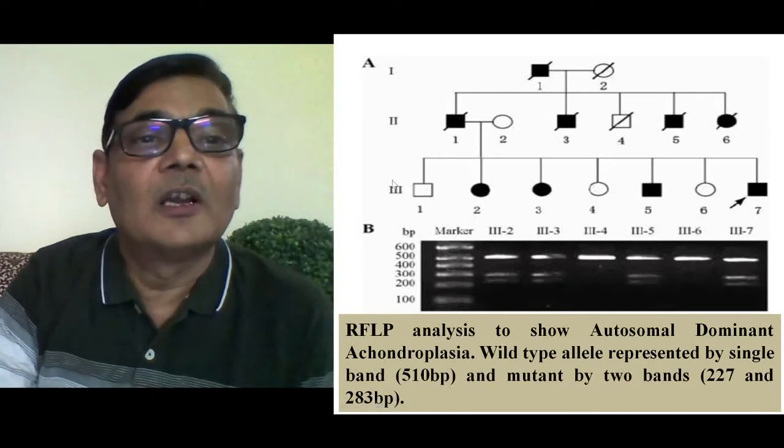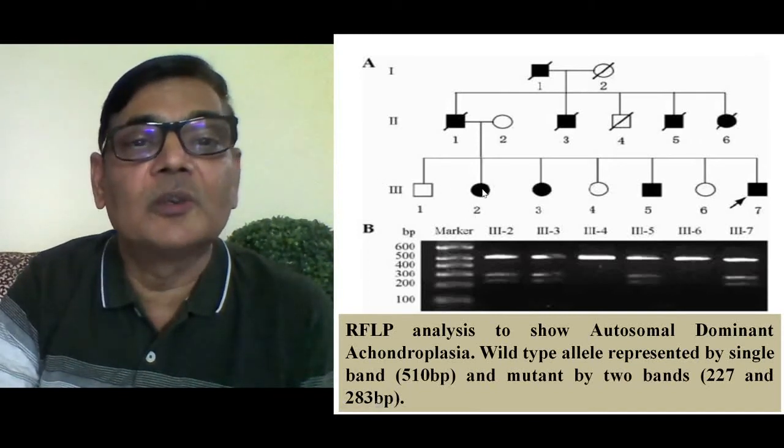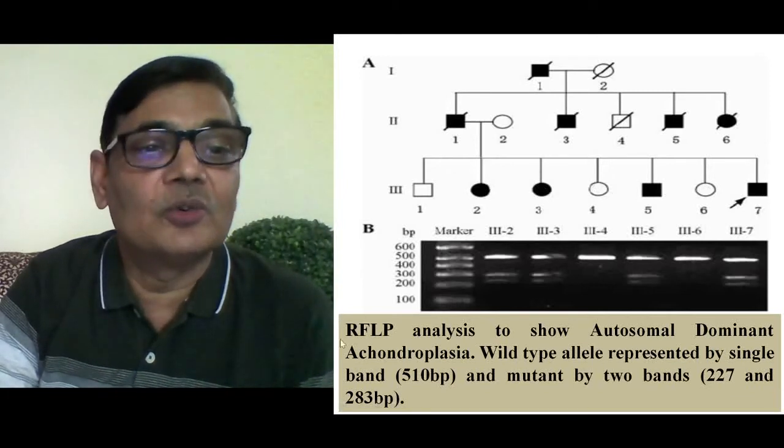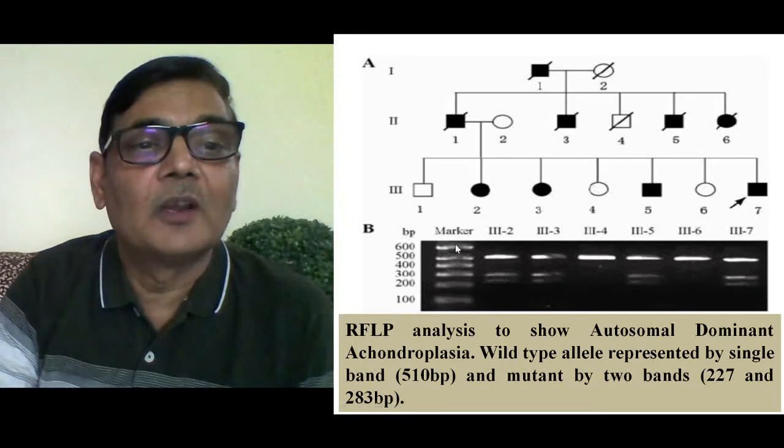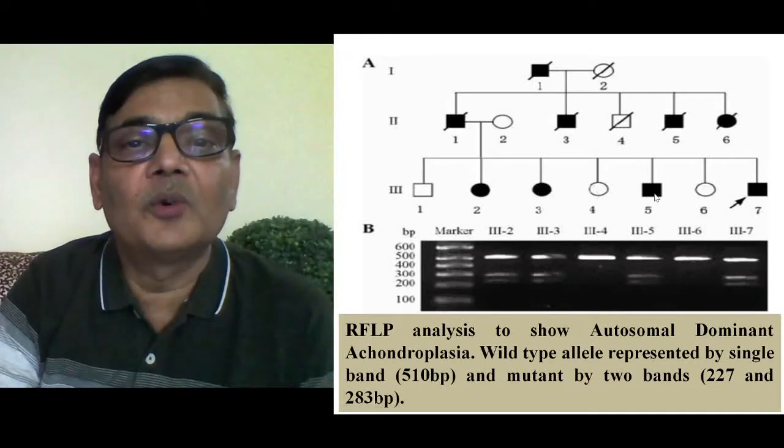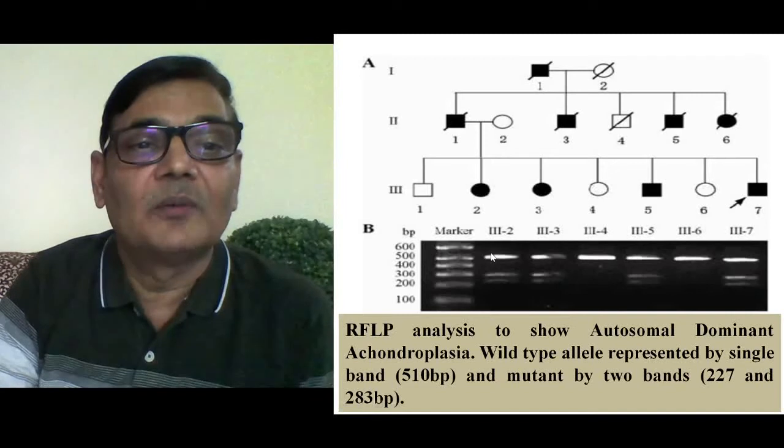So here the third generation individuals, their DNA was taken and subjected to RFLP analysis. What we observe here, this shows the markers, the size of DNA bands, and here individuals 2, 3, 4, 5, 6, 7, their DNA was analyzed for this purpose.